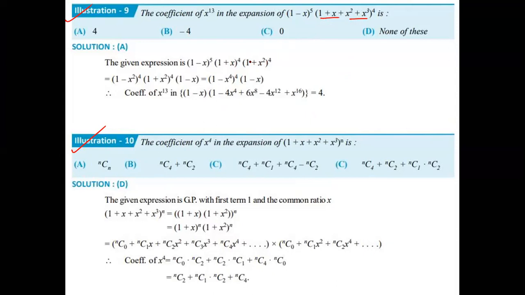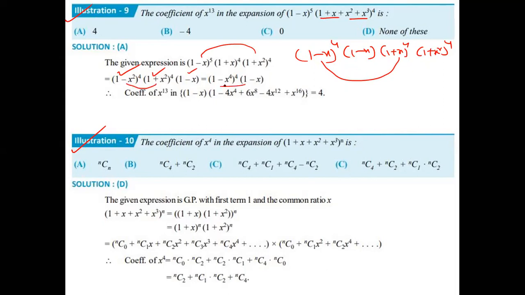Next, I think all of you are understanding: (1 minus x) whole power 4 into (1 minus x). A minus b into a plus b, they wrote like this one. See carefully, the remaining as usual: (1 plus x)(1 plus x square) whole power 4 into (1 minus x). Still a plus b into a minus b. This is the final step. Expand, and you can get the result.